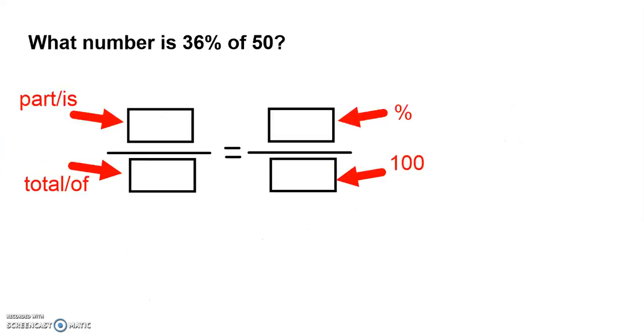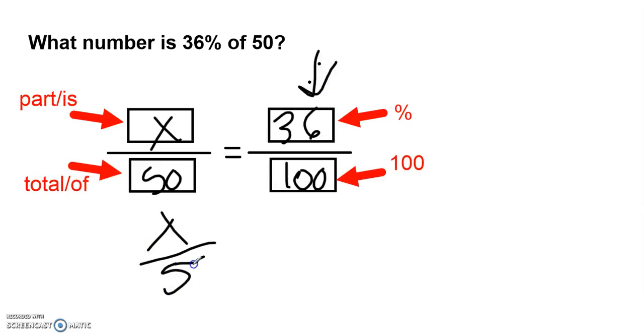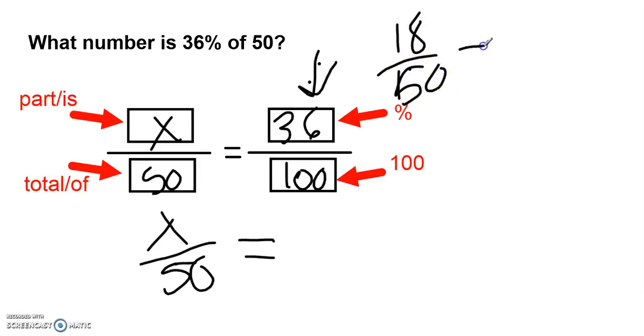Okay. And here's another one. So we know that the percent goes here, the of goes here, and then the automatic 100 goes here, but we don't know this, so we're going to put an x there. Okay? And then I'm going to simplify this part just because it will be easier in the long run. So x over 50 equals, I'm just going to do it over here. So if I divide that by 2, I get 18 over 50, which simplifies down to 9 over 25.